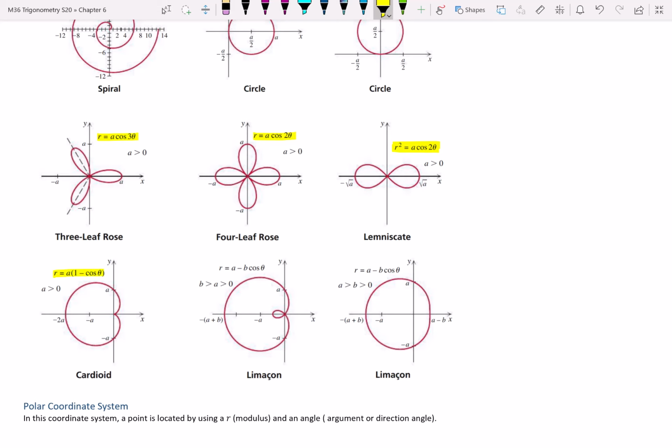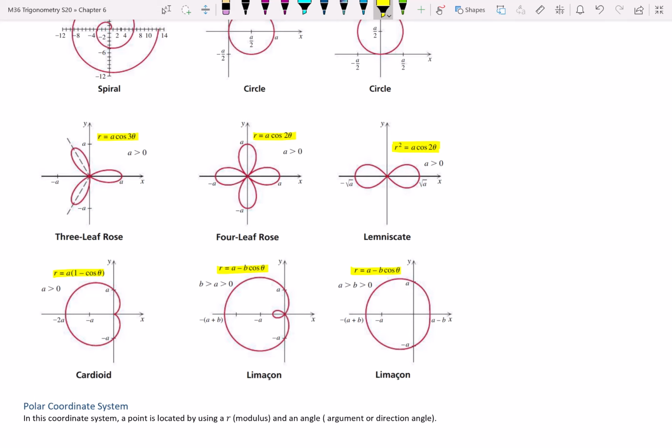To get this other swirly thing, you can do r is equal to a minus b cosine of theta. If you want this little loop-de-loop in the middle, then make sure that b is greater than a, which is greater than 0. But if you don't want that loop-de-loop, then you want to make sure that a is greater than b, which is greater than 0.